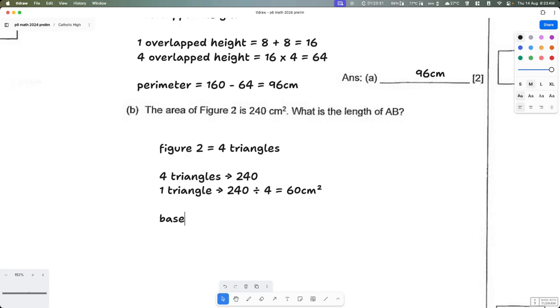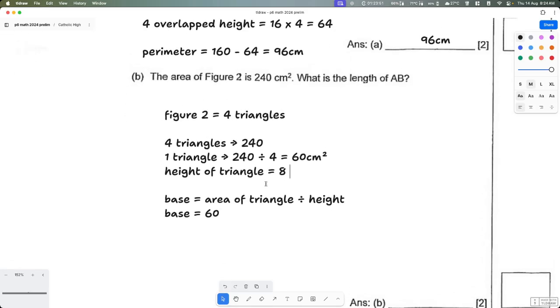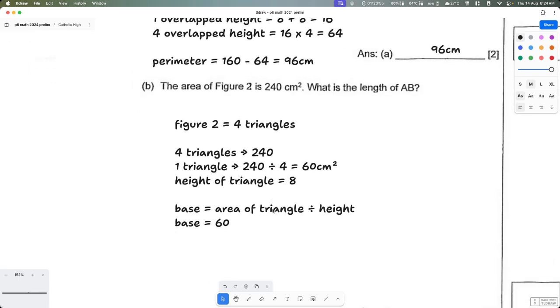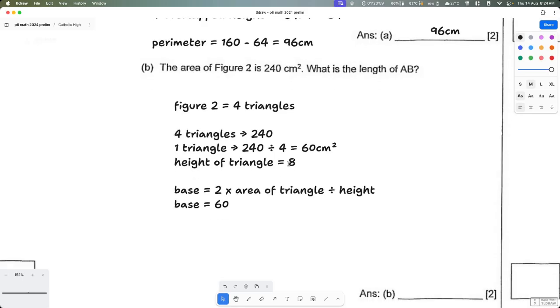So the base is equal to the area of the triangle divided by the height. The area is 60, and we know the height of the triangle is 8. So it's not area times triangle. Half times base times height, so base is 2 times the area of the triangle divided by height.